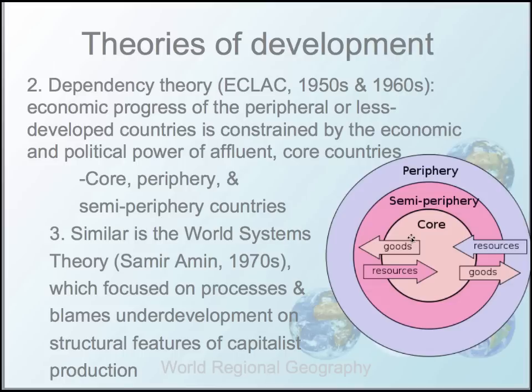Would you rather be an exporter of wood, or would you rather be a furniture store? And then shipped as finished goods back to peripheral and semi-peripheral countries. And so these theories argue that this international division of labor is keeping peripheral countries down and underlining the already existing structural inequalities in the world.